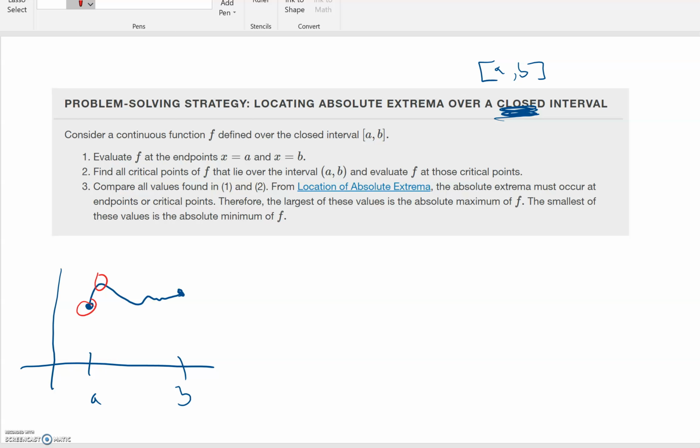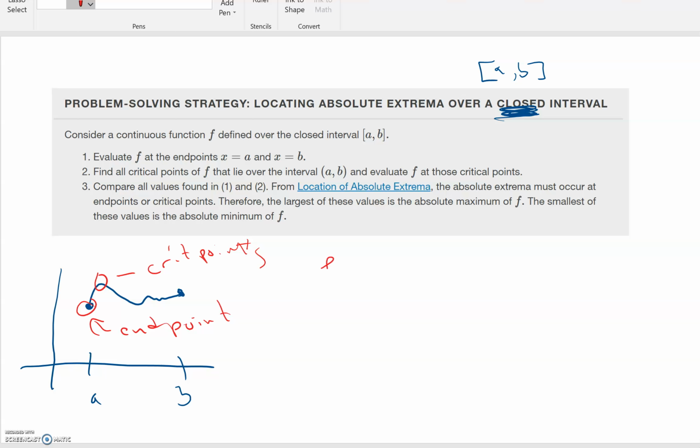So my picture is actually illustrative of why we look at the critical points and the endpoints, because the endpoint for a closed interval could be the max or the min as well. So what you actually do, and the order that you do this can vary from author to author, but in our text they say the first thing you should do is evaluate the function at f of a and f of b.